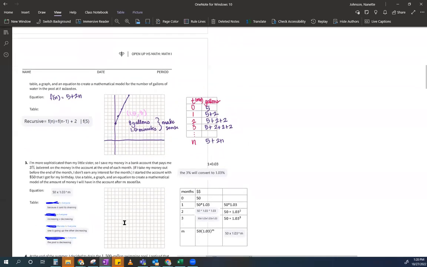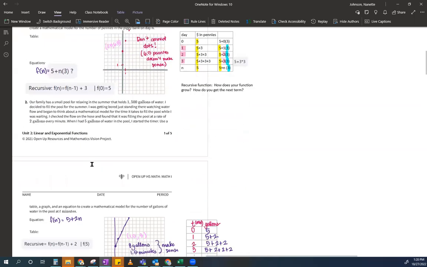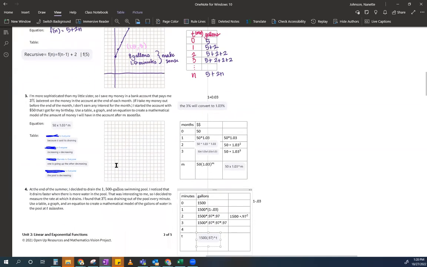Heck yeah, I want this one, Ms. Johnson, number 1, because it's $50 and not 5 pennies. Number 2, I'm only adding 3 pennies. That's exciting to your little sister, but not exciting to you, right? None of you are like, yes, Miss Johnson, I'm going to be rich. Here, we saw that after 50 months, your amount of money more than quadrupled, right? Very good.